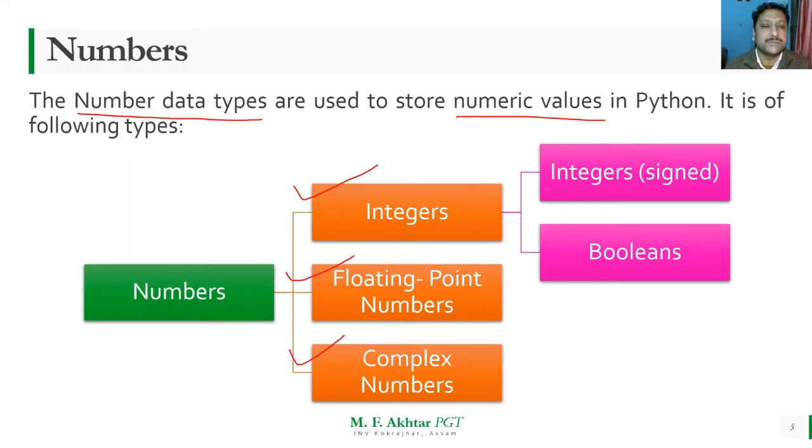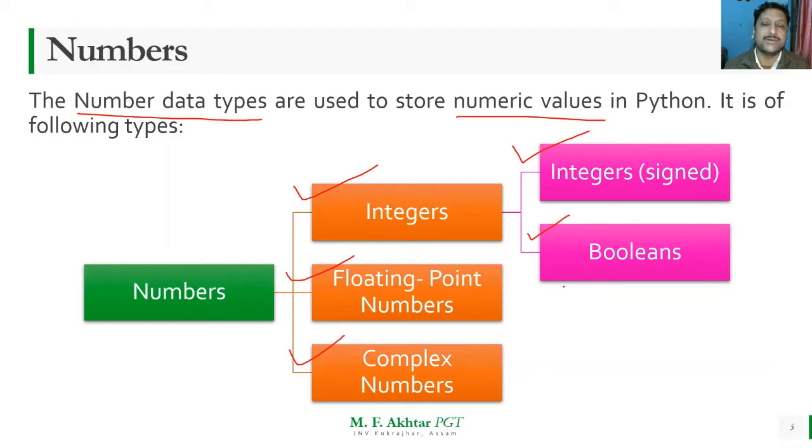Integer numbers in Python may be positive or negative. For a positive number we need not put a plus symbol before the number, but for a negative number we have to put a minus symbol before it. Now booleans are there.